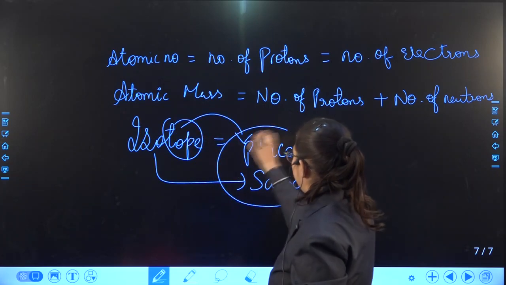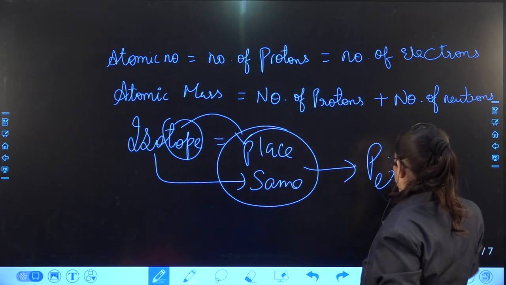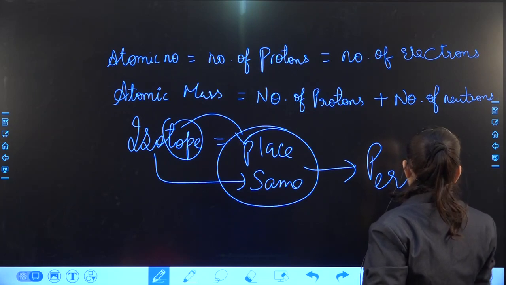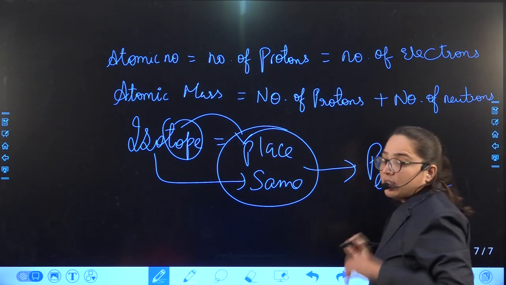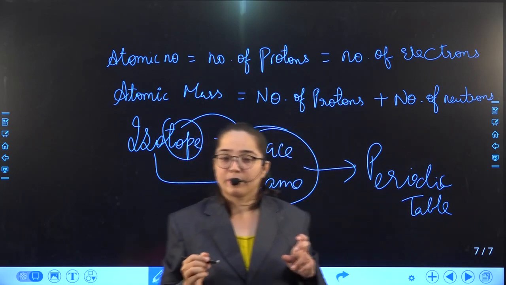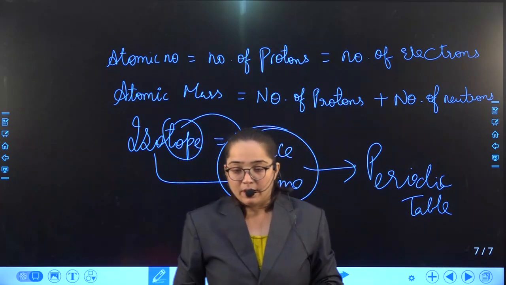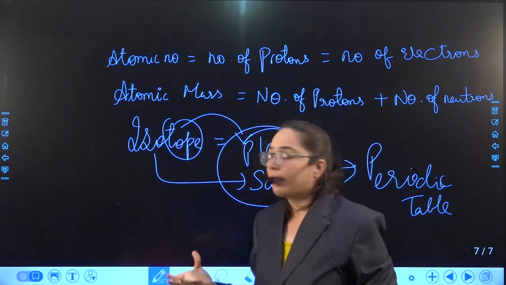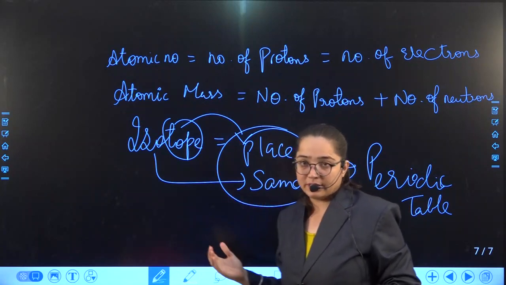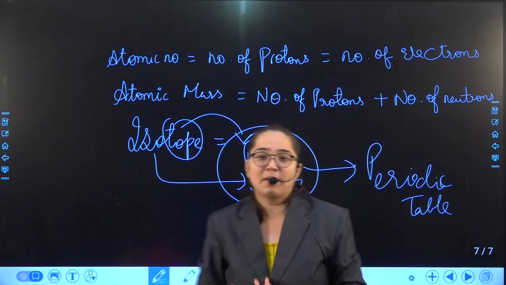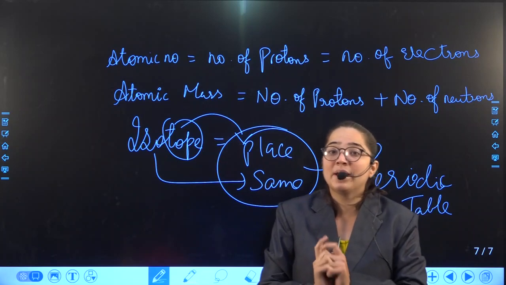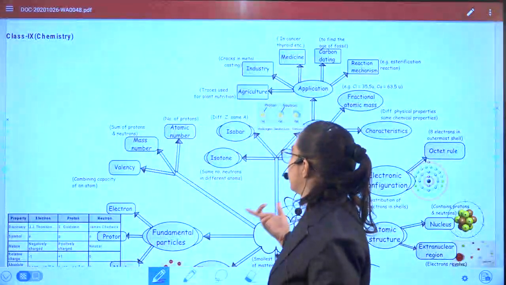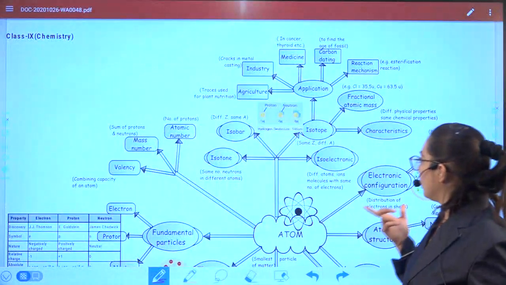So if it is at the same place in the periodic table, okay, so any atom that is at the same place in the periodic table, then still the mass is different. That is, atomic number is same but atomic mass is different. Then in that case the thing that comes is the isotopes.